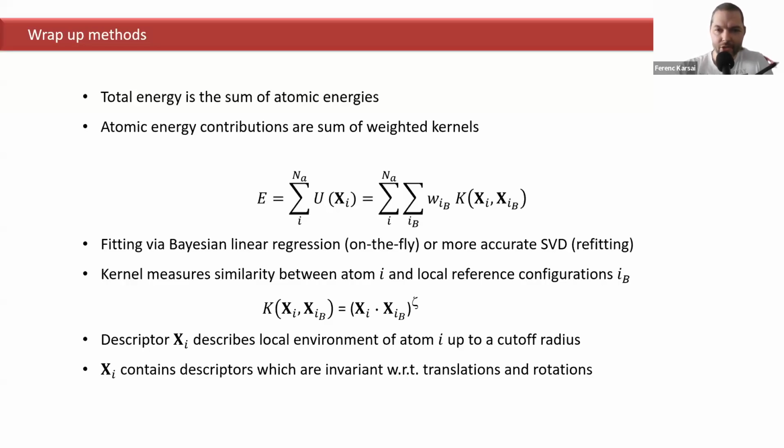Next, kernels measure the similarity between a target atom I and the local reference configuration IB. VASP employs a polynomial kernel for this. The descriptor xi describes local environments of an atom I up to a cutoff radius, and xi also contains 2 and 3 body descriptors, which are invariant with respect to translations and rotations.